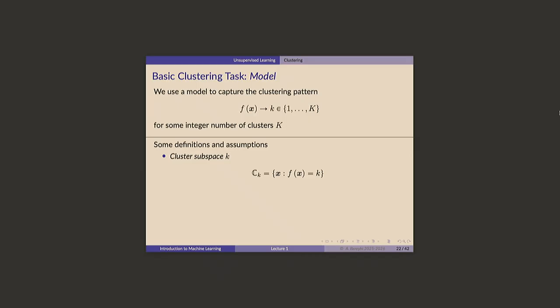Any point here is going to belong to cluster 1, right? Everybody's cool? Now, any point in this part of the plane belongs to cluster 2, right? Not 8, 2. Any point here belongs to cluster 3, and so on, right?